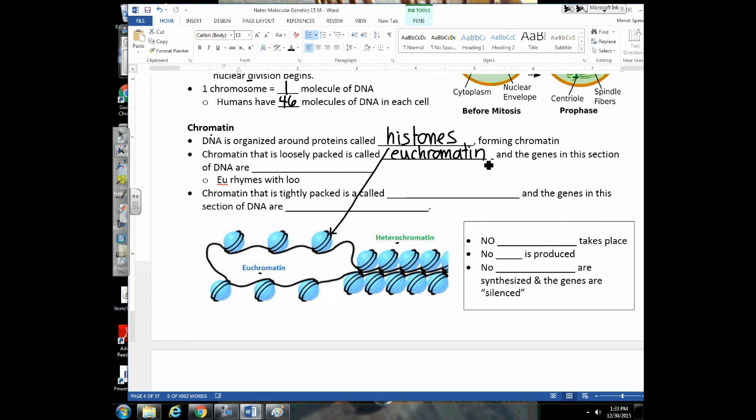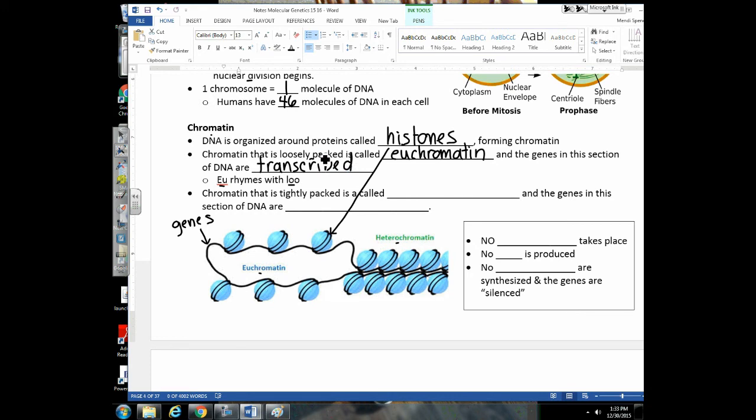And you need to have this memorized. So for me to remember that euchromatin is the DNA that is loosely packed, I remember that U rhymes with loose. The important thing to note about the genes, so we have genes here on the DNA, in sections that are euchromatin, is these genes can be transcribed. These genes can code for proteins.